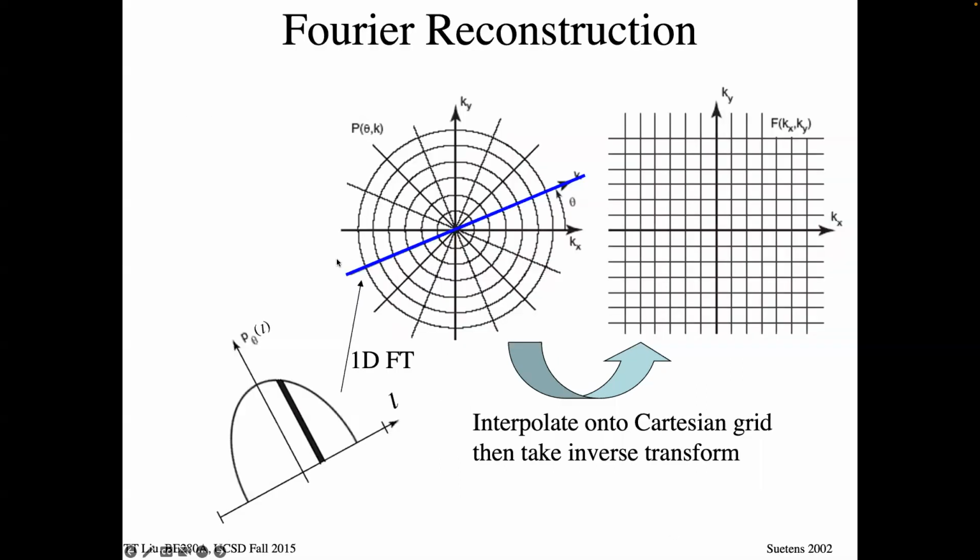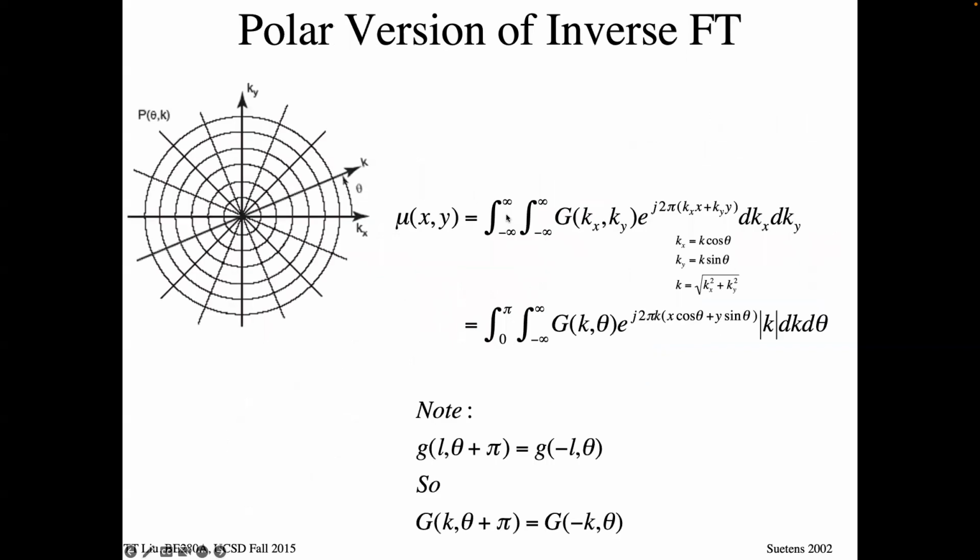Recall from the projection slice theorem that G(L, theta), where L is the direction and theta is the angle of the projection, if you take the one-dimensional Fourier transform of that projection with respect to L, gives you a sample through the Fourier transform of your original image at that angle, radially through the origin. That's called the projection slice theorem.